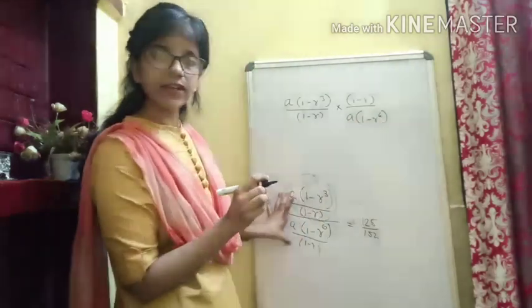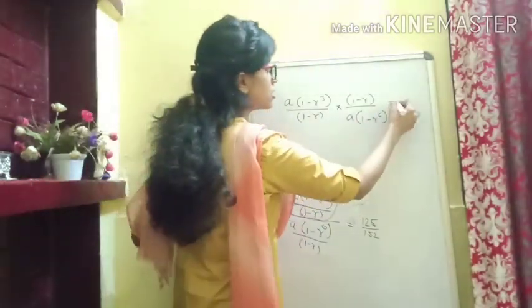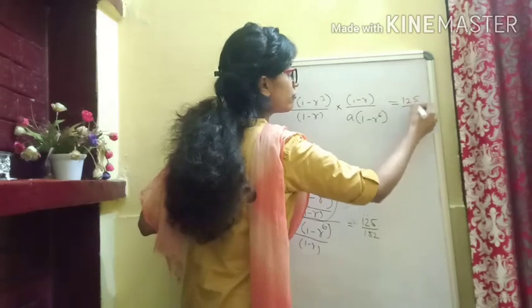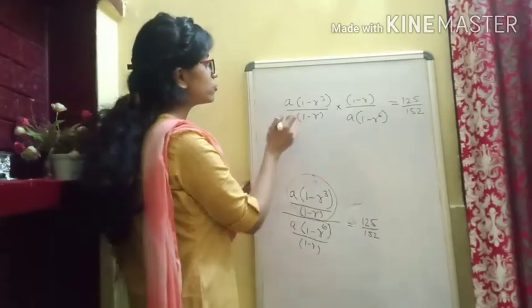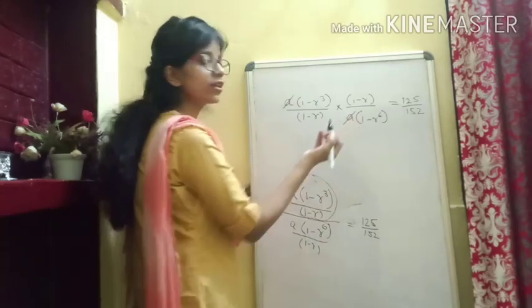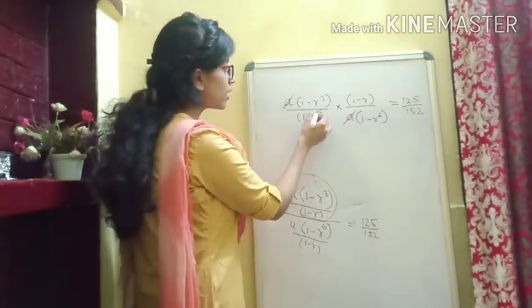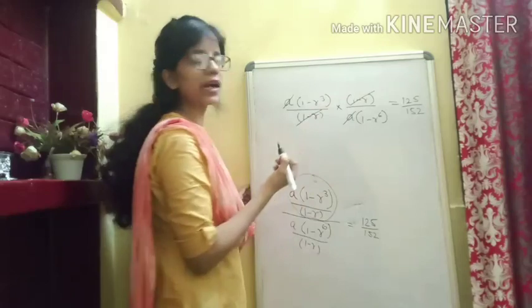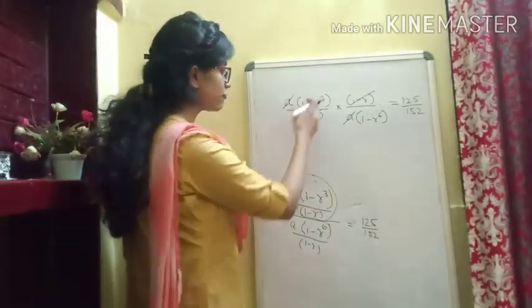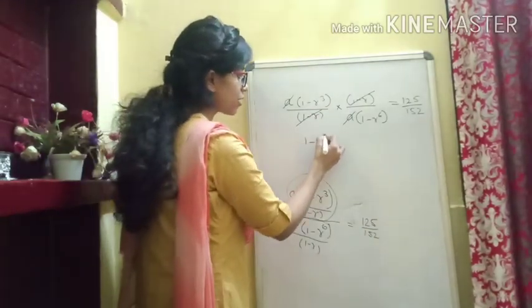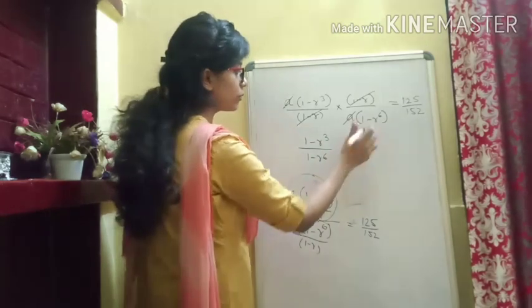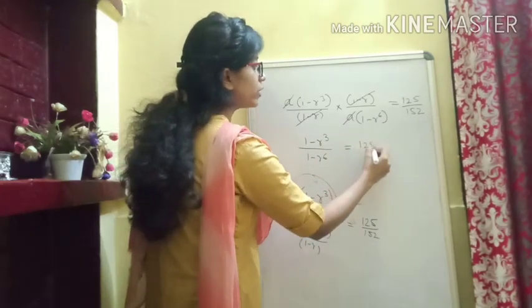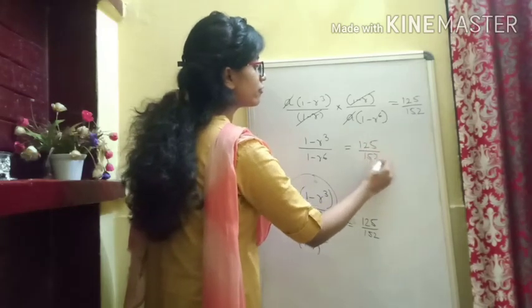This is how we have simplified our LHS. What is there in our RHS? It is simply 125 upon 152. Is it clear? Now you see this a and this a you can cancel. This 1 minus r and 1 minus r you can cancel, and you are left with 1 minus r to the power 3 upon 1 minus r to the power 6 in the denominator, equals 125 upon 152.